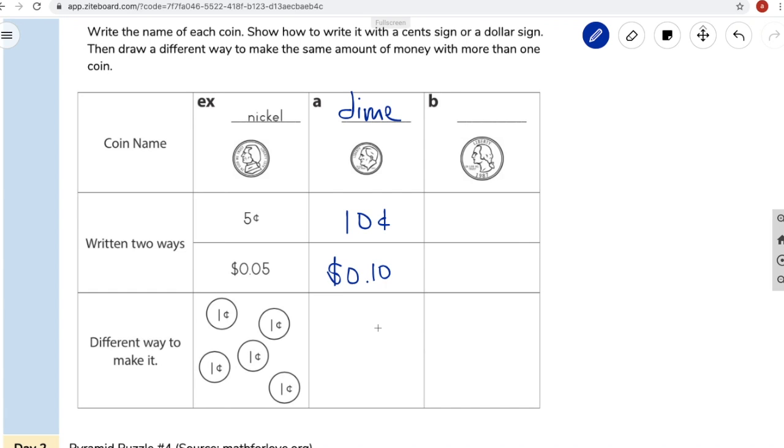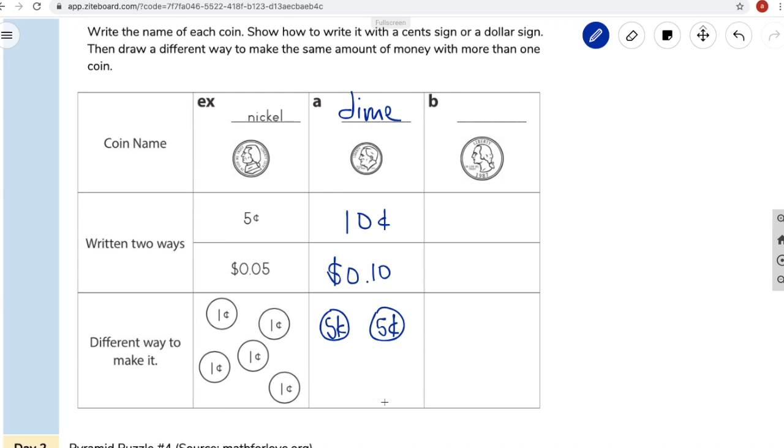So those are the two different ways we can write it. And then a different way to make it with more than one coin. There's many ways. I'm going to do a nickel, which is 5 cents, and another nickel, which is 5 cents. And 5 plus 5 is equal to 10.